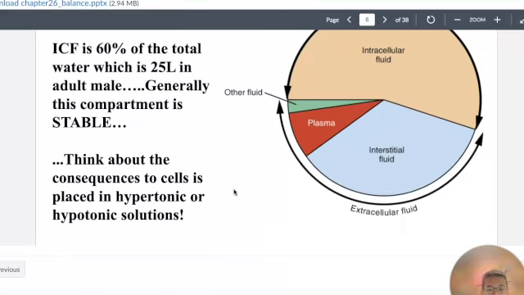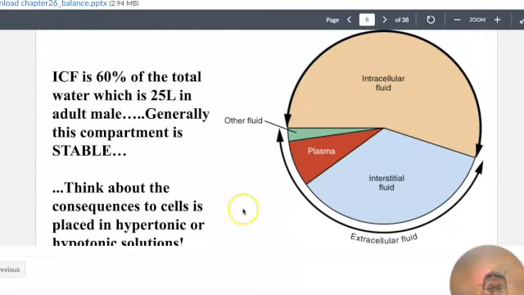A hypertonic solution is a solution that has a higher solute. Again, what is a solute? Just think about salt. If you put something too salty, it's going to dry out the cell. You're going to draw all the water out. In a hypotonic solution, of course, it's the opposite, and the cell is going to blow up.